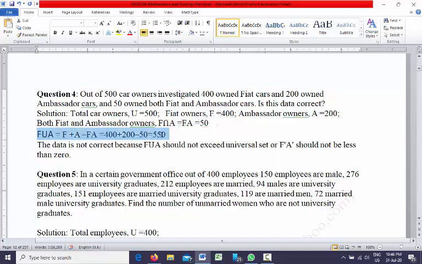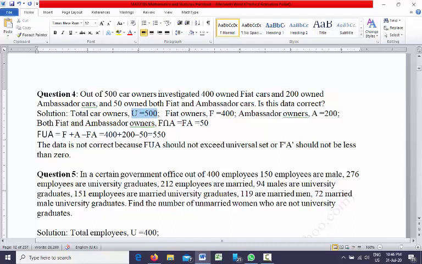But it cannot be, because this is the shaded area. The shaded area cannot exceed the rectangular area, which is the universal set.